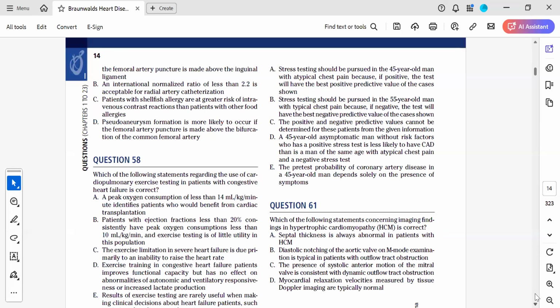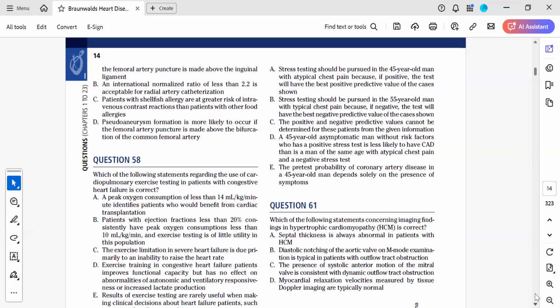However, in order to decrease the risk of retroperitoneal hemorrhage when using the femoral artery approach, the puncture of the common femoral artery should be made below the inguinal ligament, because if there is any form of bleeding, you can actually apply pressure at that point.